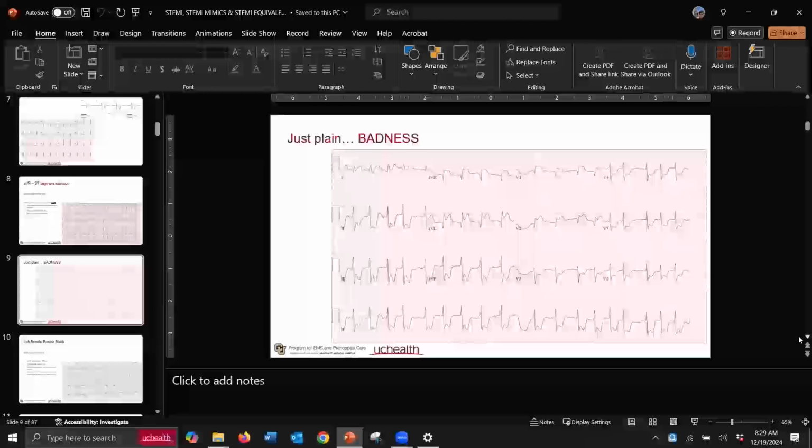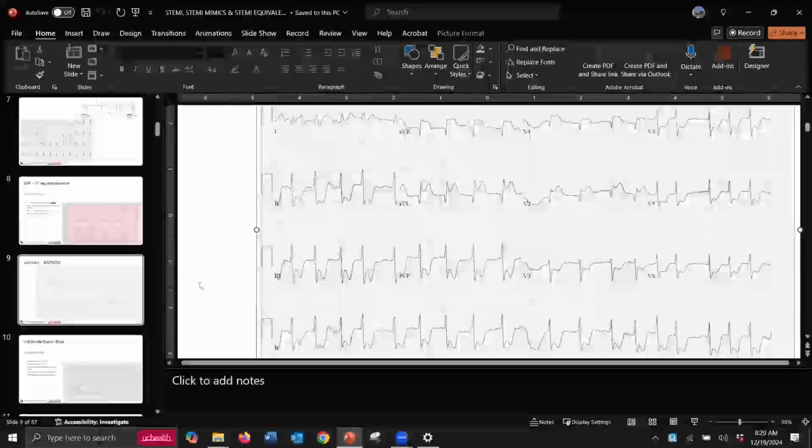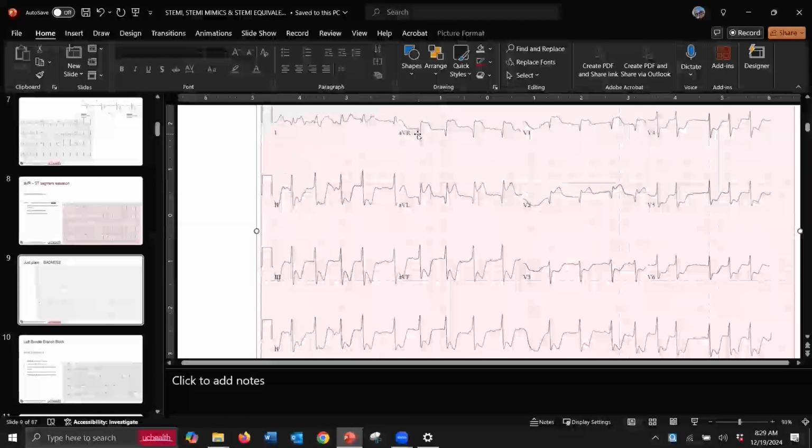What do you think about that? Is this patient compensating? Maybe, but not for very long, right? AVR ST elevation, let me see if I can zoom in on this. So we have AVR ST elevation of about 1, 2, 3, 4 millimeters.